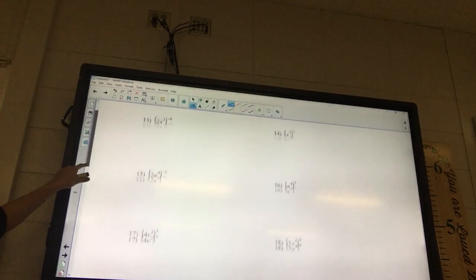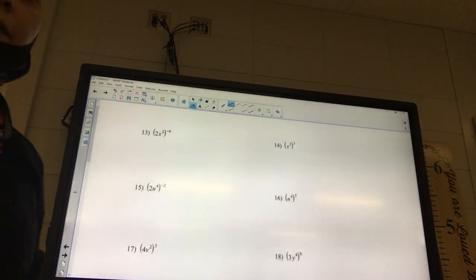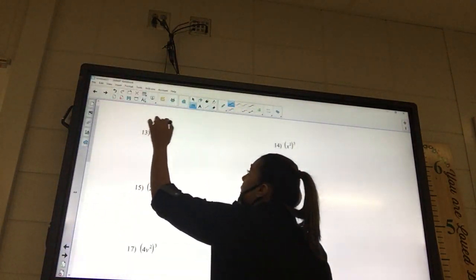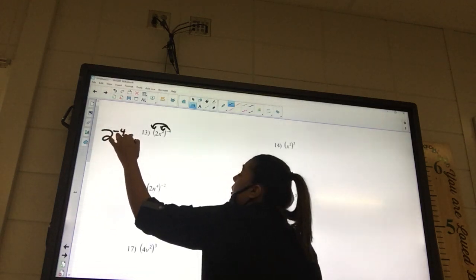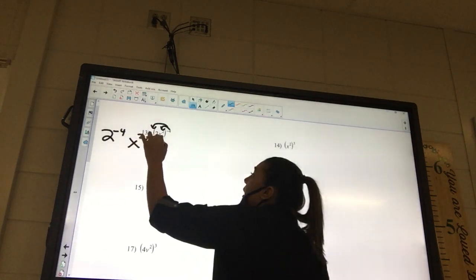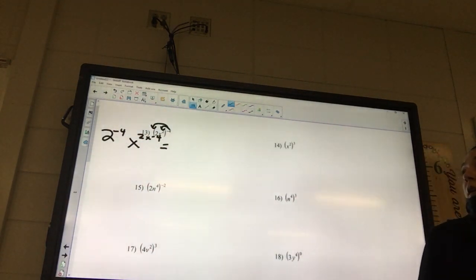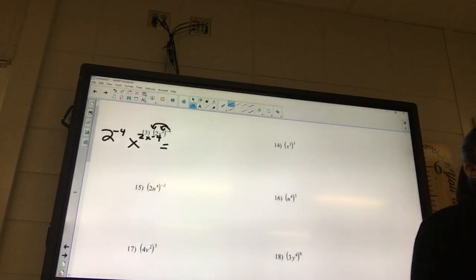Okay, look at 13. We need to distribute this negative 4 to each piece. So I'm going to have 2 to the negative 4, x to the 2 times negative 4. Some of you can do multi-step simplification.